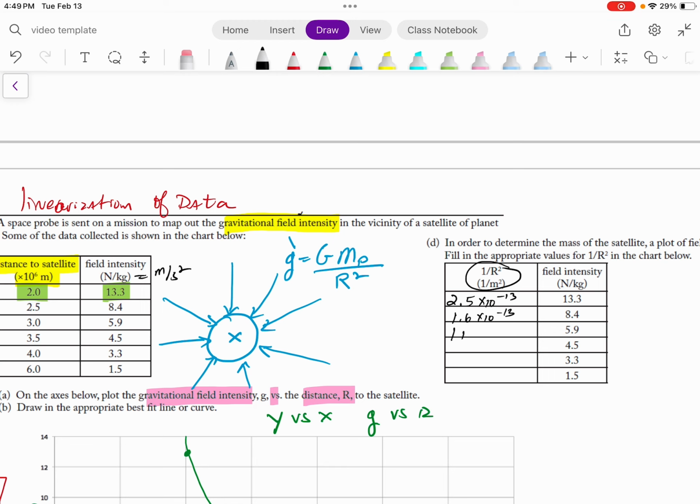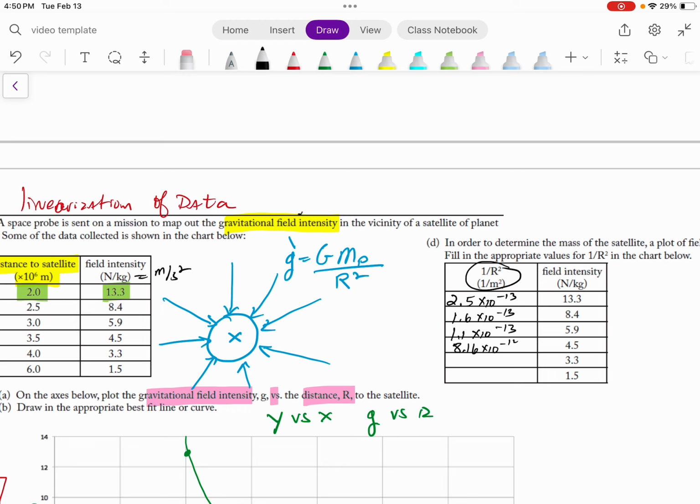And then I have 1.1 times 10 to the minus 13. Then I have 8.16 times 10 to the minus 14.